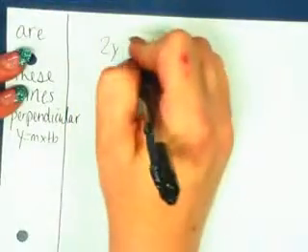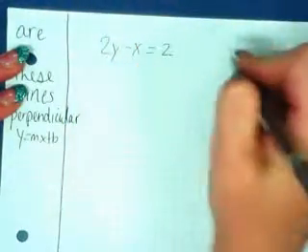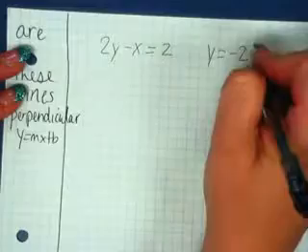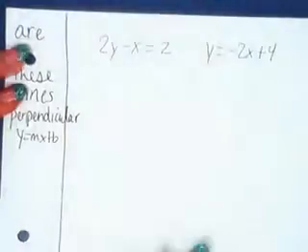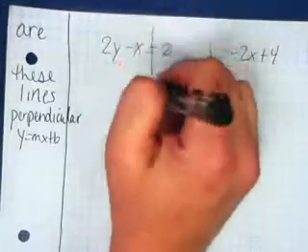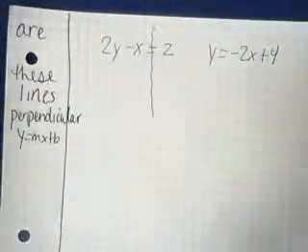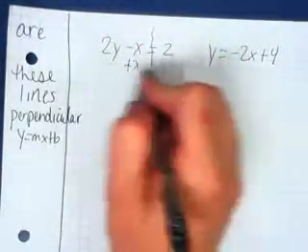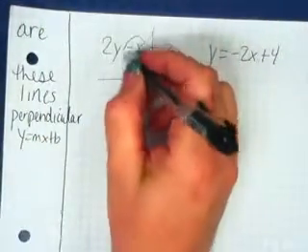So are these lines perpendicular? We're looking at 2y minus x equals 2 and y equals negative 2x plus 4. Again, we want to get into y equals mx plus b form. Solve for y. We're going to add x to both sides of the mirror. This gives me the 0.